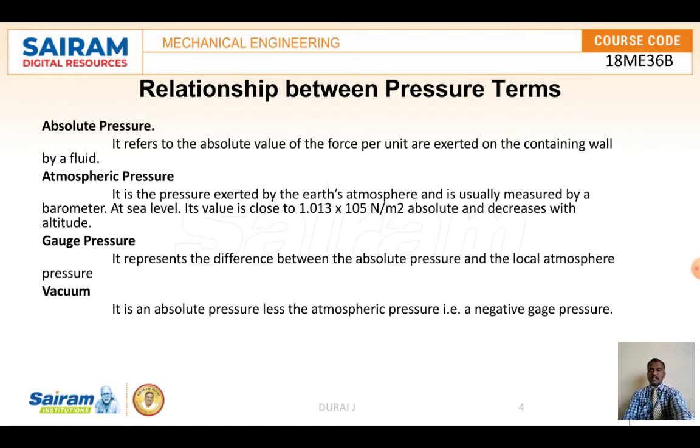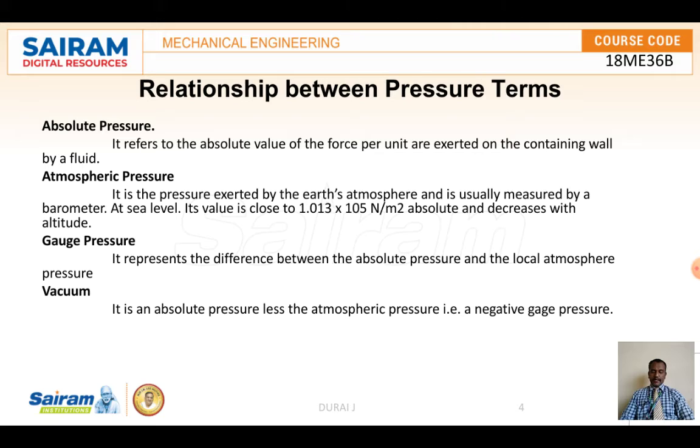So absolute pressure refers to the absolute value of the force per unit area exerted on the containing wall of the fluid, and is called absolute pressure. Already we discussed atmospheric pressure. It is exerted by the earth's atmosphere, usually measured by a barometer. At sea level, the atmospheric pressure is 1.013 into 10 power 5 Newton per meter square.